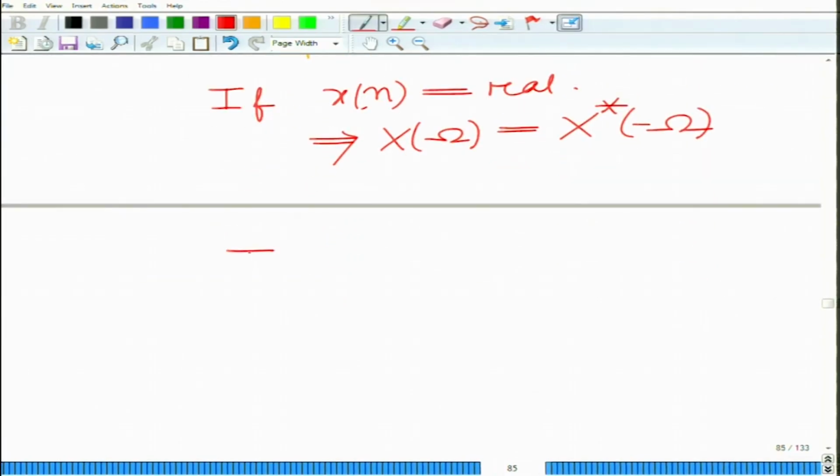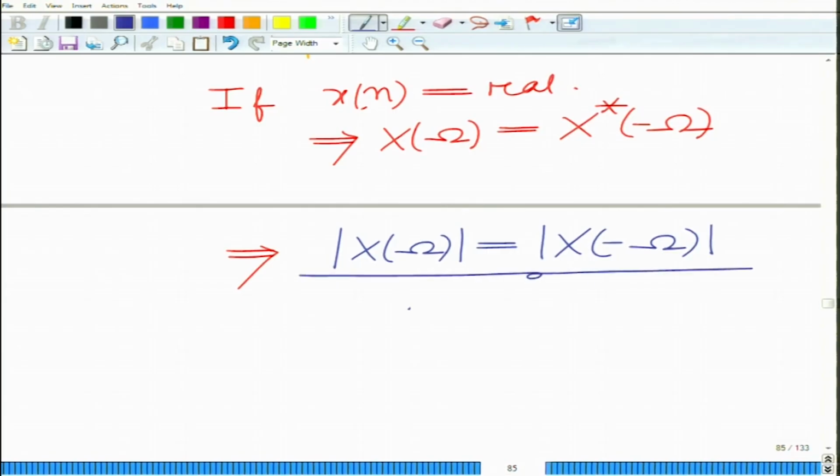This further implies that the magnitude of X of omega is the magnitude of X of minus omega, because they are conjugates of each other. So basically this means that the magnitude spectrum for real signals is even.